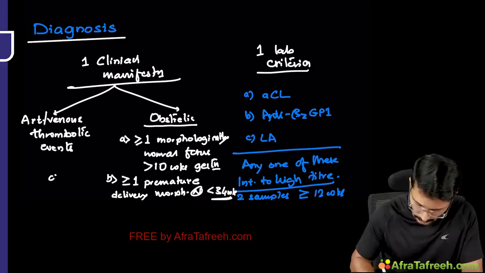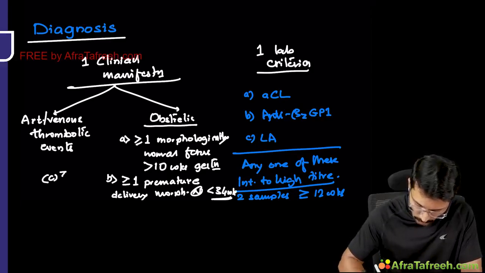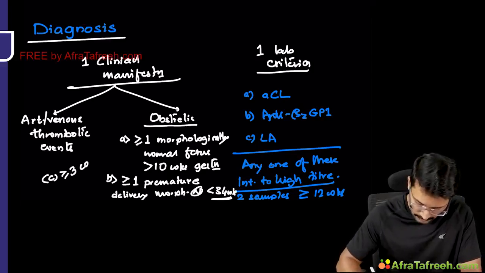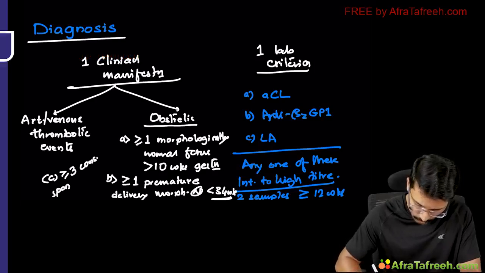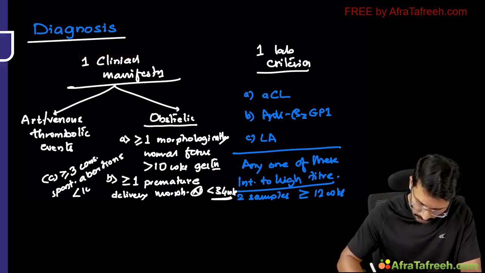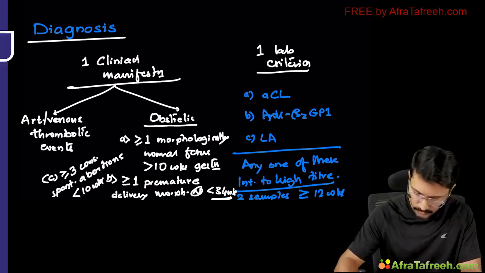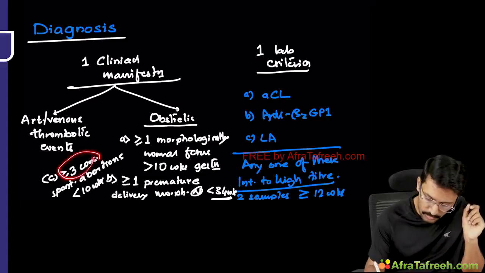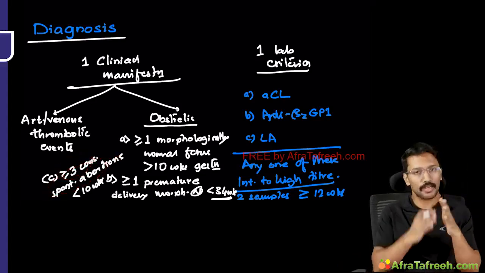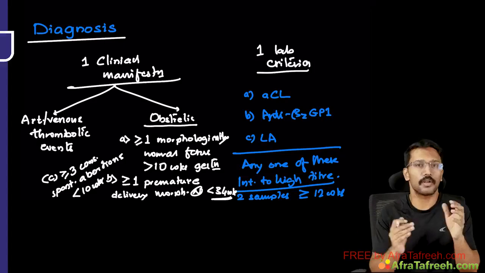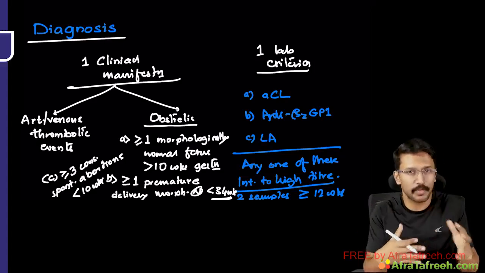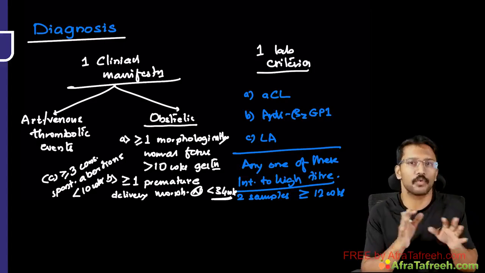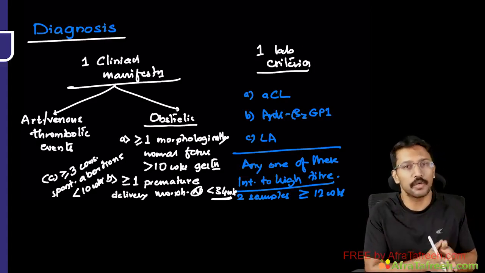And there is a third obstetric criteria, that is 3 or more consecutive spontaneous abortions before 10 weeks of gestation. So if you're talking about 10 weeks of gestation or before that, then there should be 3 or more consecutive spontaneous abortions, not like, okay, you had an intermittent, or in between 2 abortions, you had a normal delivery. No, 3 or more consecutive spontaneous abortions.